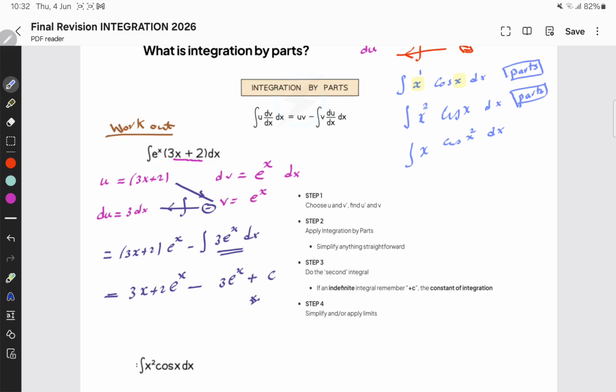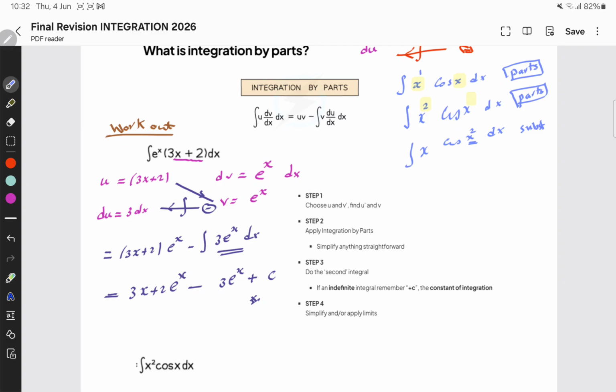The degree here is greater than the degree inside. Degree here is 2, but here is 1. But if the inside has power greater than outside, it will be substitution. Note that, and you always take the value of f of x, which is x squared. Attention to that.